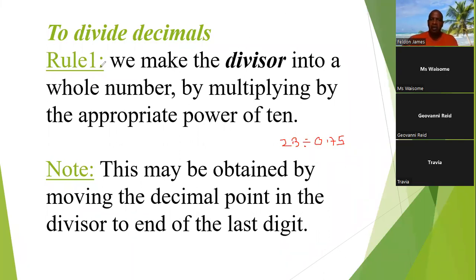So the rule says that we must make the divisor into a whole number by multiplying by the appropriate powers of 10. This is our divisor here. It means that we want to first make this into a whole number by multiplying by some power of 10.